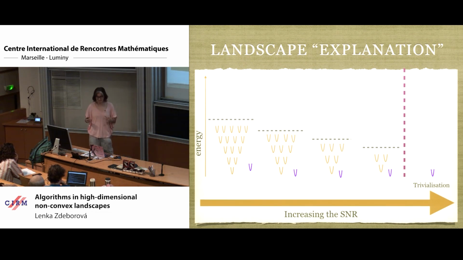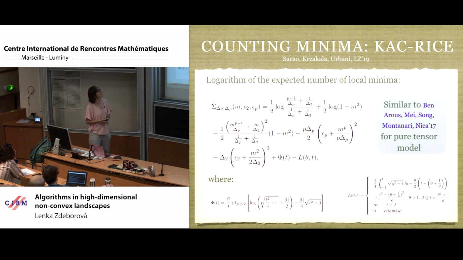So in this model, we cooked it in a way that we can quantify this picture very precisely via the Kac-Rice approach. What we can compute here is the logarithm of the expected number of local minima at a given value of the loss and at a given correlation with the ground truth. So this is how the expressions look like. They're a little daunting.